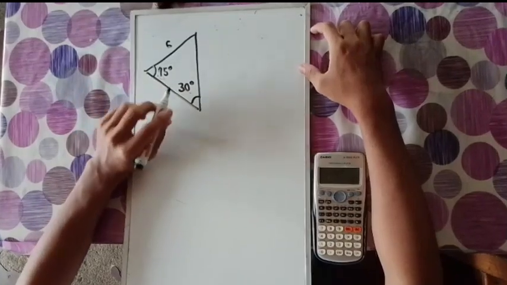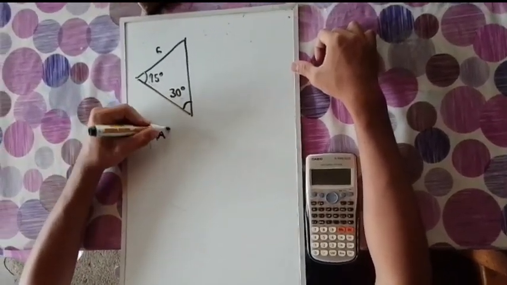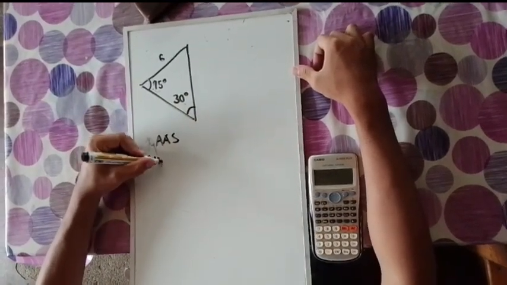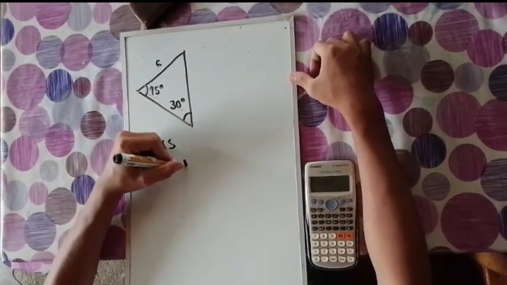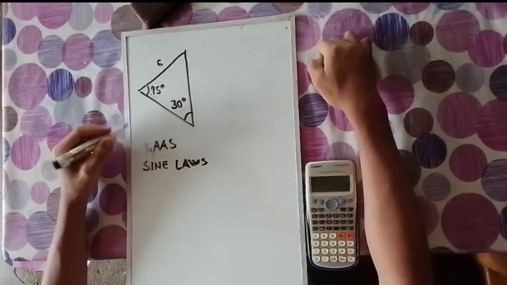We have an example of a case. Now we have here an AAS case, so we can use the law of sines. The law of sines states that all the sine ratios are equal.